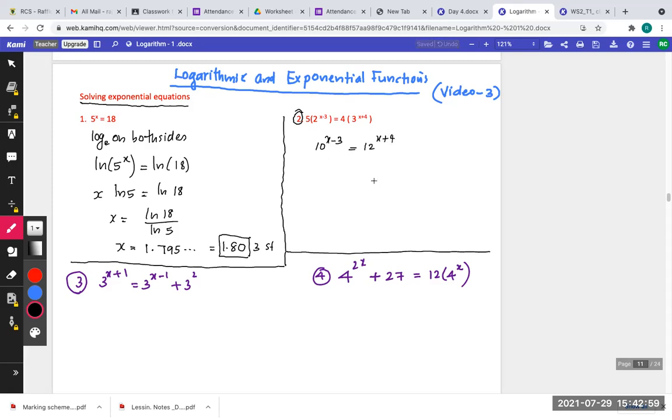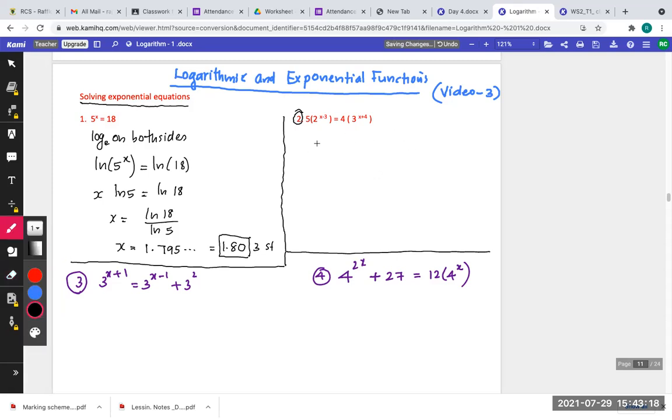Is this correct? This is totally wrong. Why? Because the power x minus 3 is only for the 2, not for the 5. If it were for the 5, then of course you could multiply the 2 and 5. So that is a wrong method. You cannot do that. Don't multiply it out.